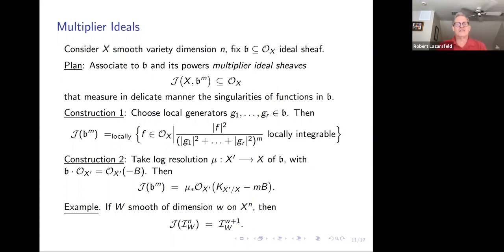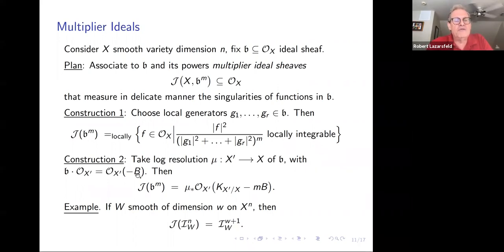Another construction makes more sense algebro-geometrically, but it's a little less intuitive, although if you've played with singularities in the minimal model program, this will be quite natural. What you do is you take a log resolution of B. So you blow up until B becomes principal.